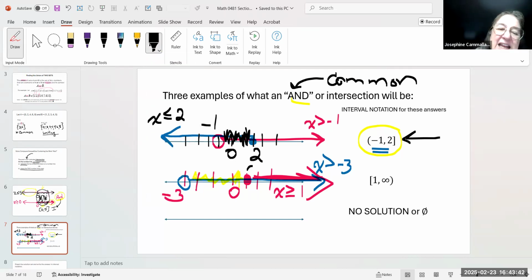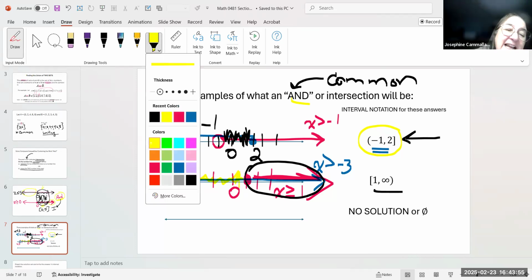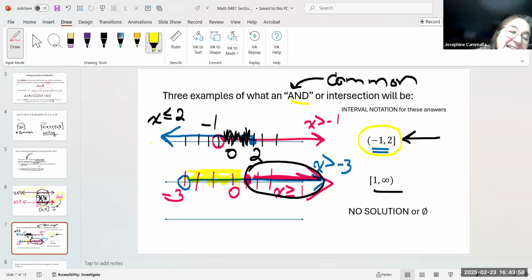My answer is this part of the number line. I'm going from 1 to positive infinity. That yellow area that I just highlighted over here, it's not included in my "and" because it's all by itself. It only has one area. What's in common between the blue and the red? Well, where it starts to get to be in common is when we hit 1 and go to the right.